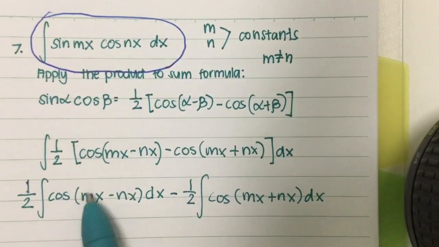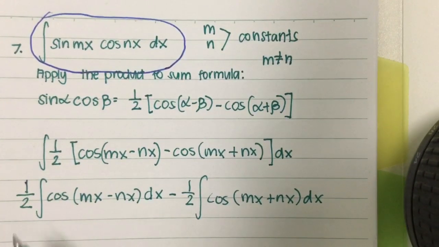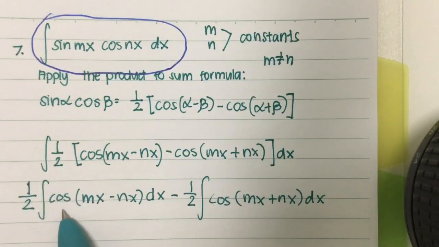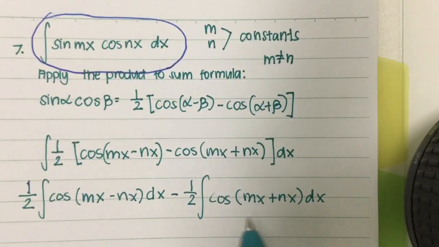Here we're going to distribute our integrals and put our constant out, which is our 1/2. So 1/2 integral of cosine mx minus nx dx minus 1/2 integral of cosine mx plus nx dx.